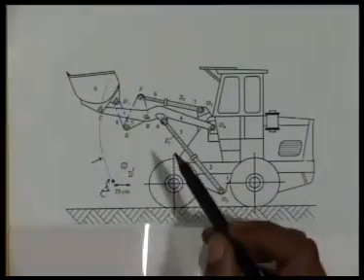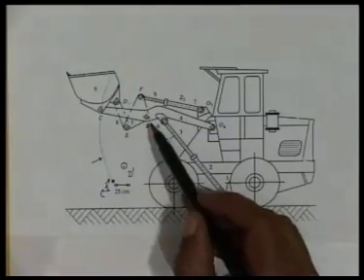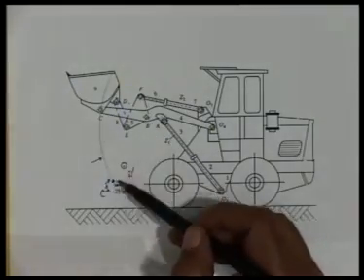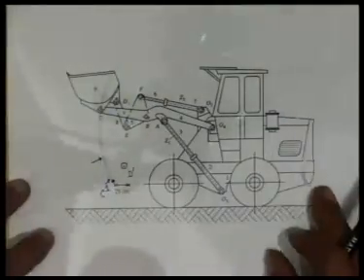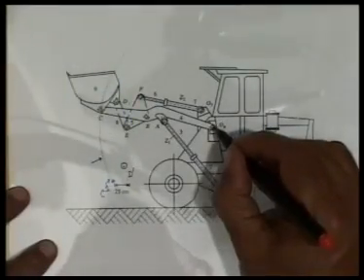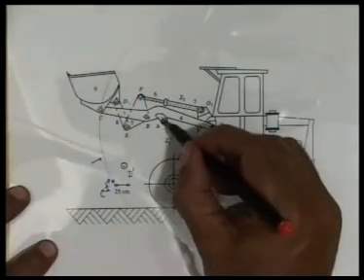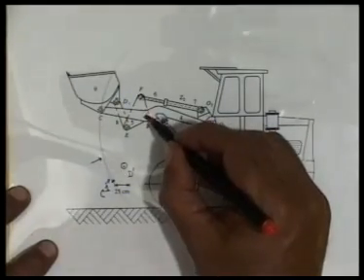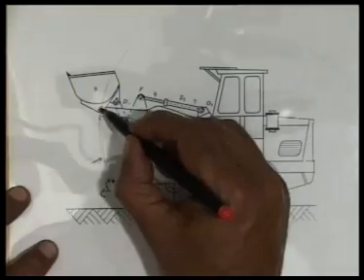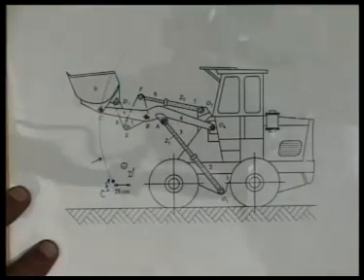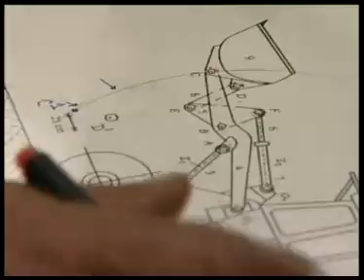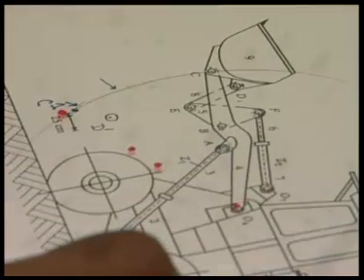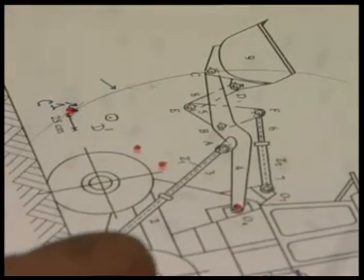To locate the positions of A and B corresponding to the second position, what we do, we take a tracing paper and mark these points O4, A, B and C. The relative positions of these O4, A, B, C can never change because they lie on the same rigid body. So, what I do, I move this tracing paper now with O4 at O4 and C at C1.